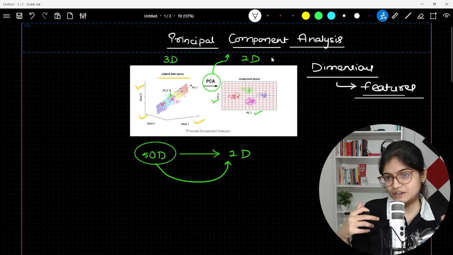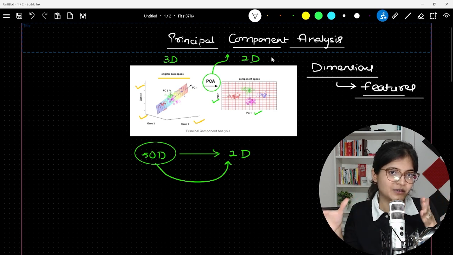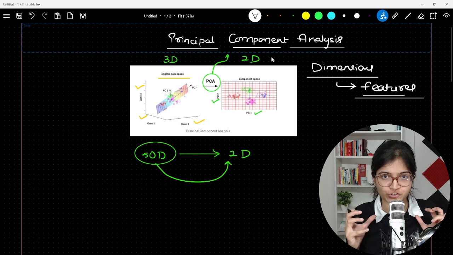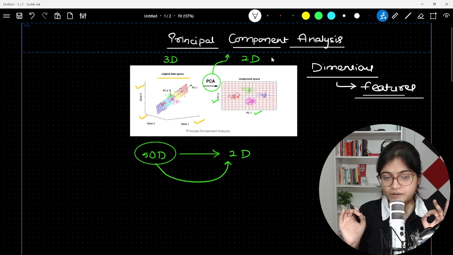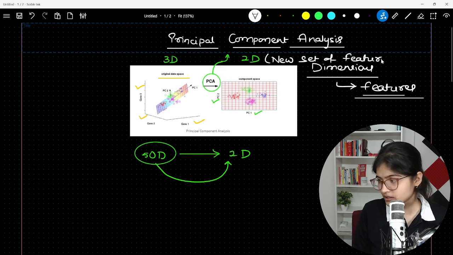In feature selection, we try to remove a few features and we are left with similar features at the end. It's just that we take a subset of those features. The concept we are discussing today is entirely different. Here, we are trying to create a new set of features altogether.